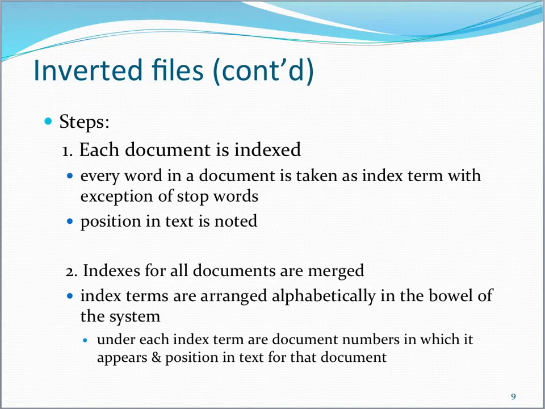Under each index term are the document numbers in which it appears and the position in the text for that document. So we take the documents and select some keywords in that document, and when we search the keywords, the keywords call the documents, according to relevance.